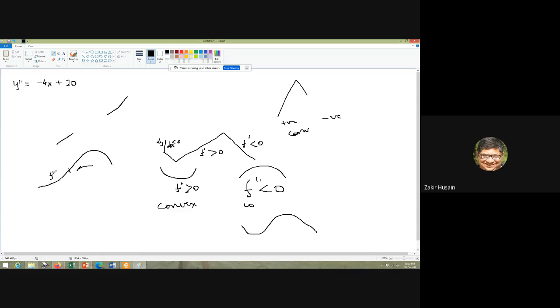In this part, f double prime is positive, and here it is negative. So at some point, it should be equal to 0, right? This is called point of inflection.